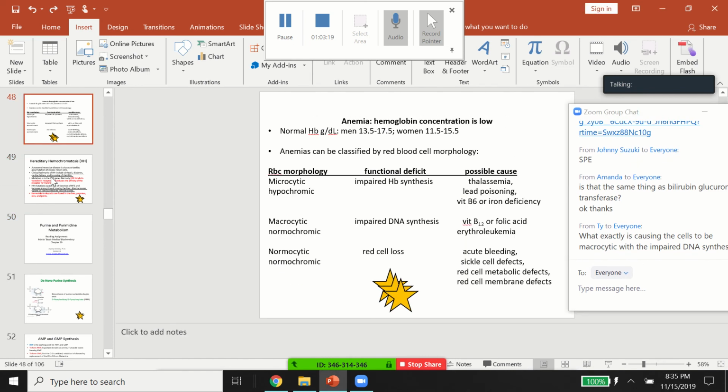Macrocytic. You know, I knew the answer to this question a couple months ago, but you don't really have to be too much into that right now. That's going to be more like when you take heme.